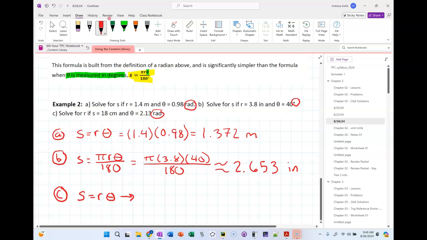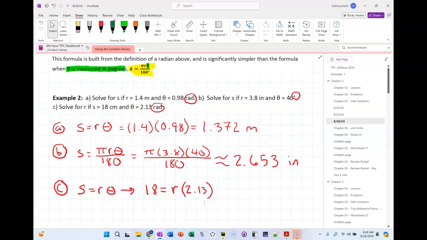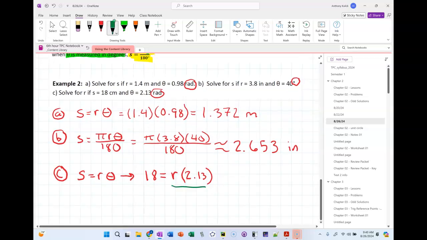So if I plug things in, S is 18, R is my variable, and theta is 2.13. To solve for R, I should just divide both sides by 2.13, like some Algebra 1 algebra, right?